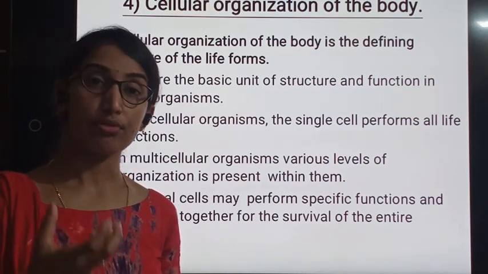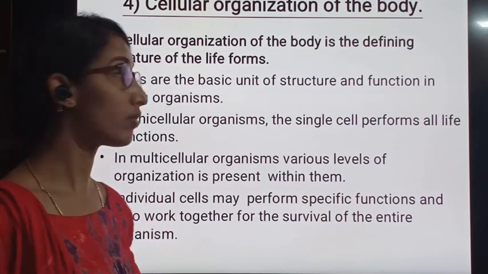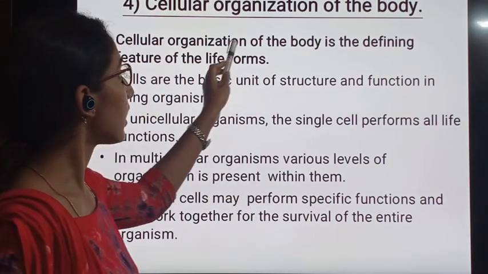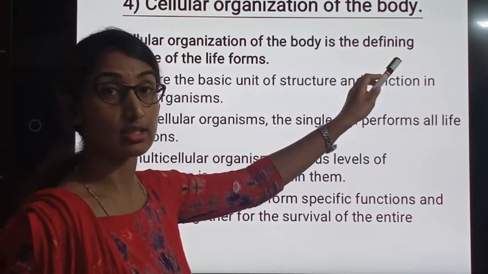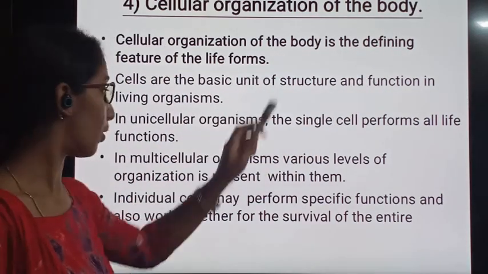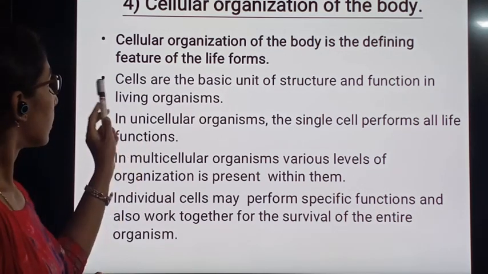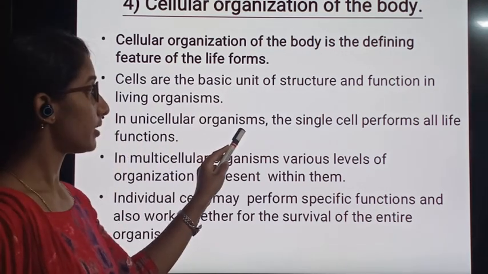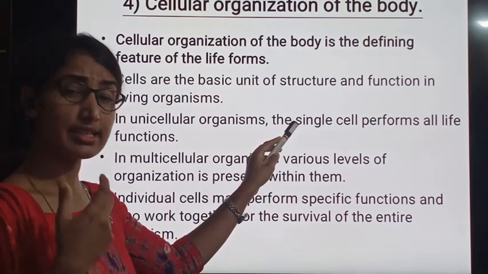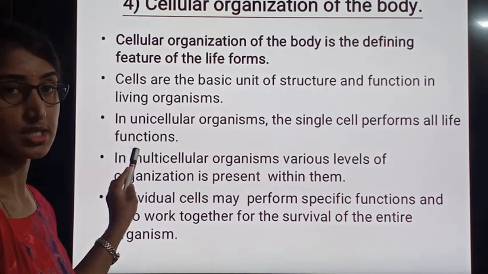This is how the level of organization is differentiated. Cellular organization of the body is the defining feature of life forms. In unicellular organisms, the single cell has the ability to perform all the life functions.